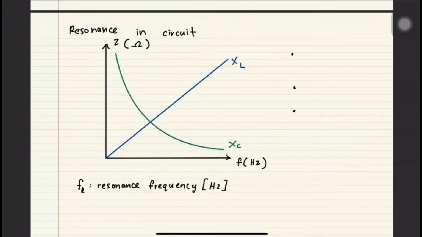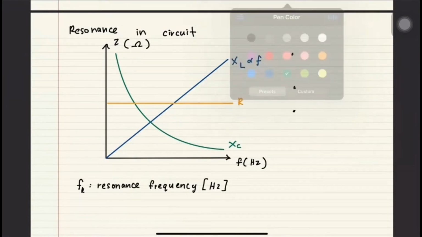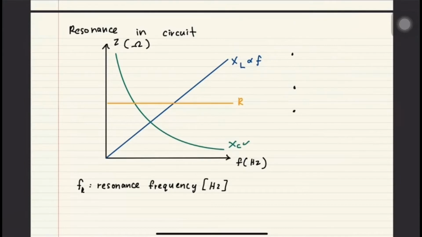So basically, you have a graph that looks like this, a flat line. Okay? This is your R. Okay, so XL, kamu dapat macam tu sebab XL is directly proportional with the frequency. R is a constant, that's why you have a straight line. XC is inversely proportional, that's why you have a curve like that.